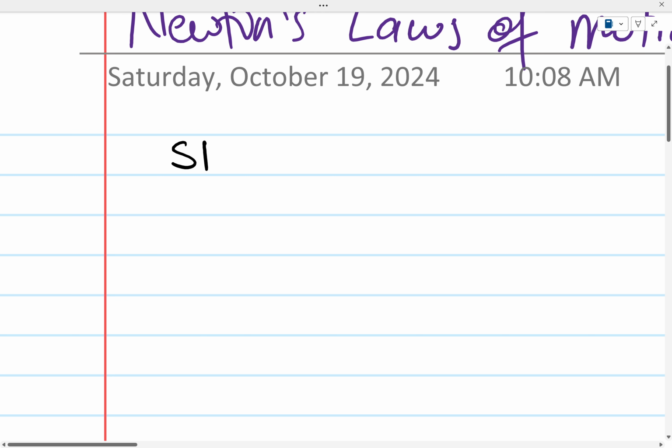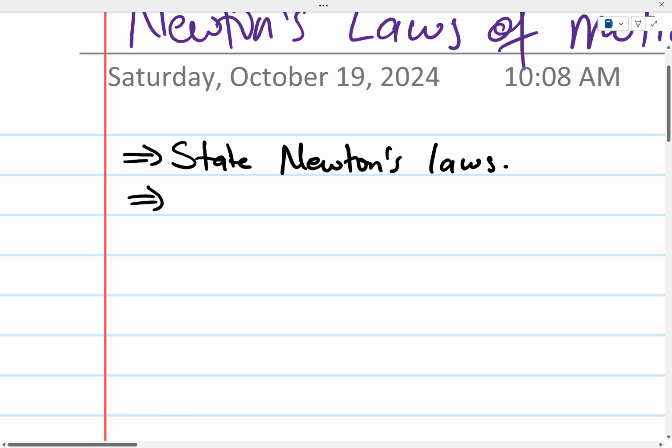Alright, so here, based on the syllabus, we're supposed to be able to state the three laws, so Newton's laws. What else are we supposed to be able to do? We're supposed to be able to define some concepts: the concepts of force, mass, inertia, and momentum.